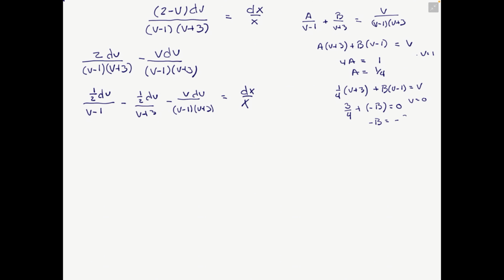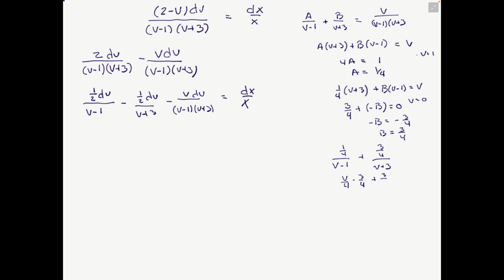Minus b equals minus 3/4, and b is 3/4. Okay, that's where I went wrong. So we have 1/4 v minus 1 plus 3/4 v minus 3, v on 4 minus 3/4 plus 3/4, oh, that's plus. Okay.